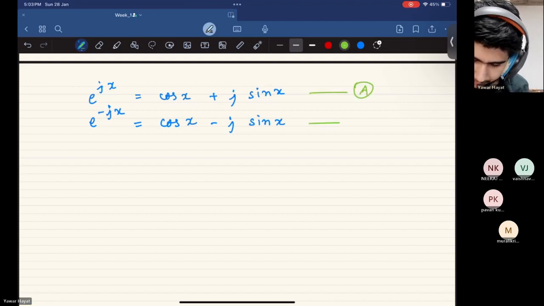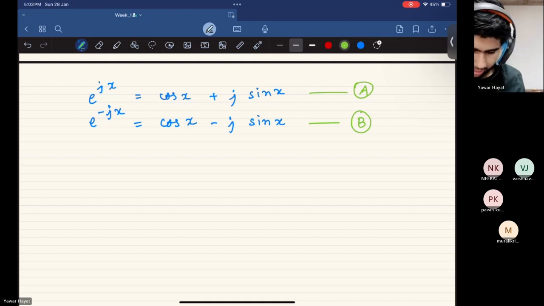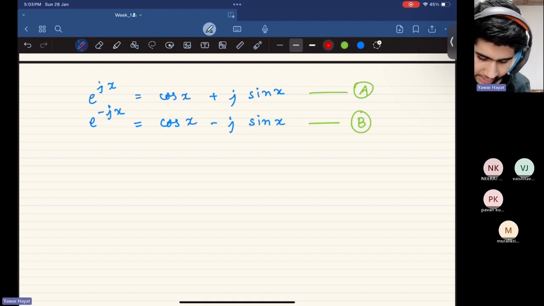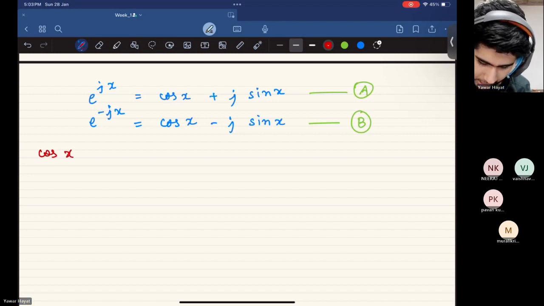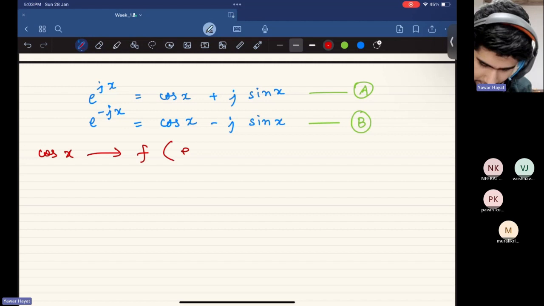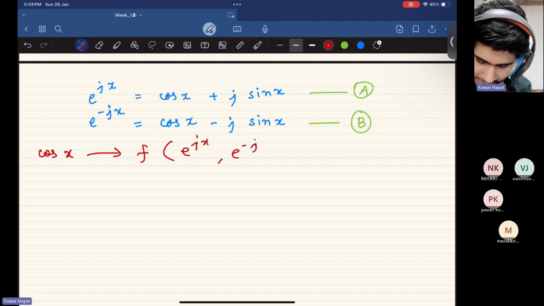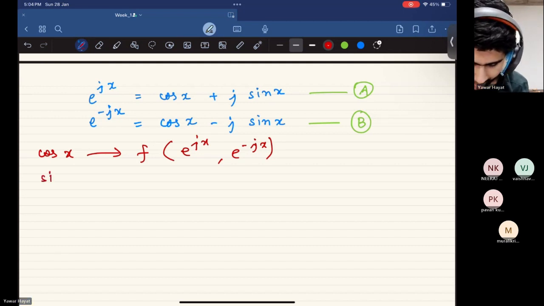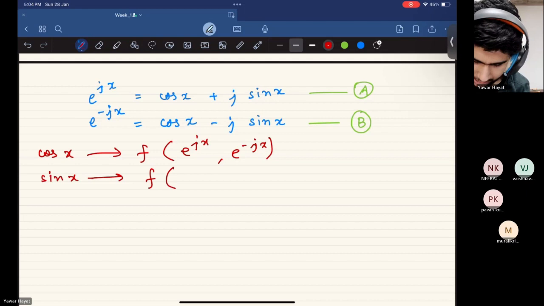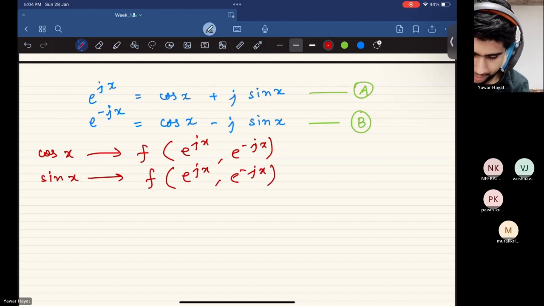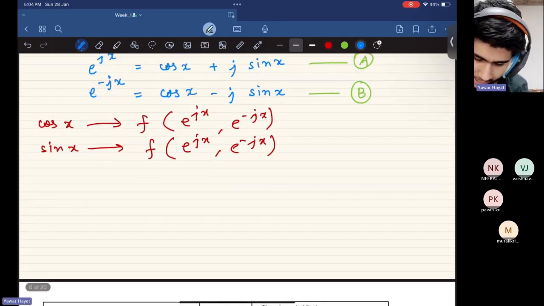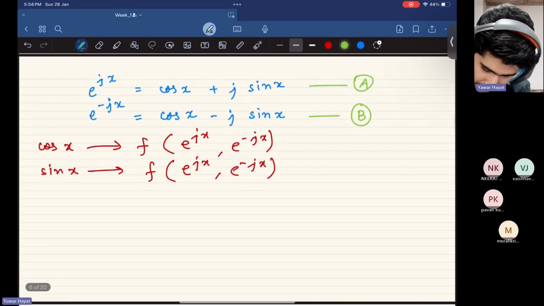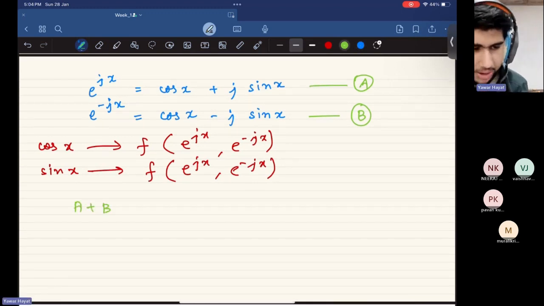Now I have these two equations, a and b, and I'm interested in getting an expression of cos and sin as a function of e power jx and e power minus jx, because that is what we used in this session as well. What if I add a and b?